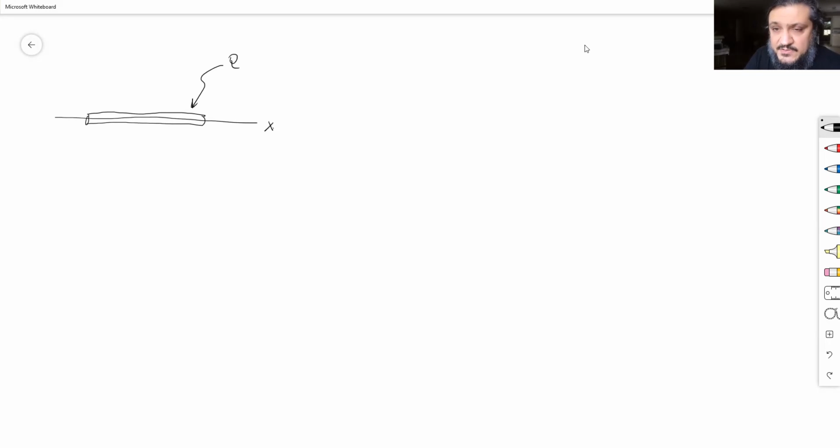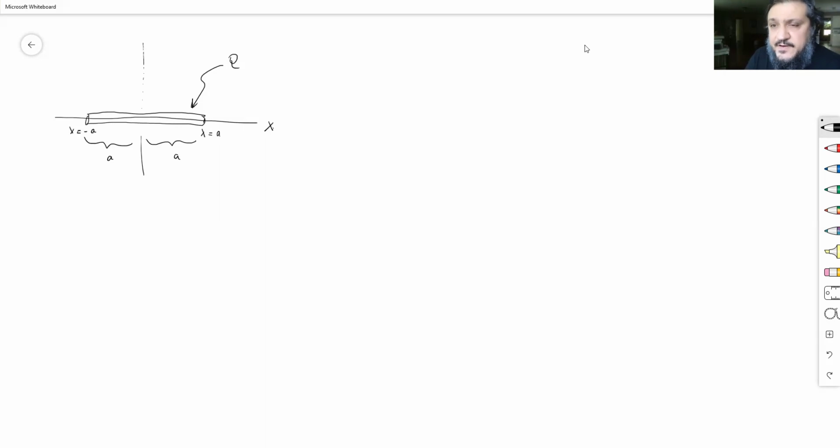The thickness or the radius is irrelevant, but the length is 2a, so that we have half of it on this side, a, and the other half on the negative x side. This is x equals a right there, and this will be x equals negative a.